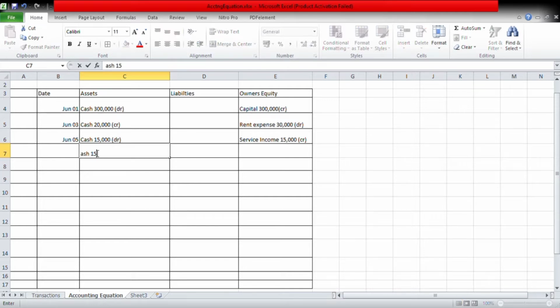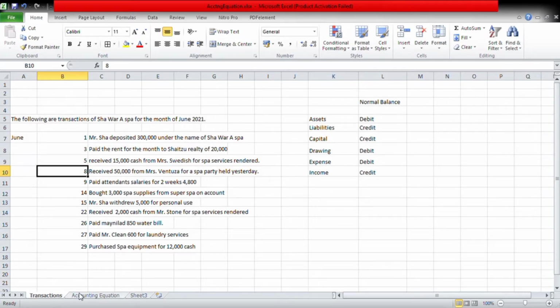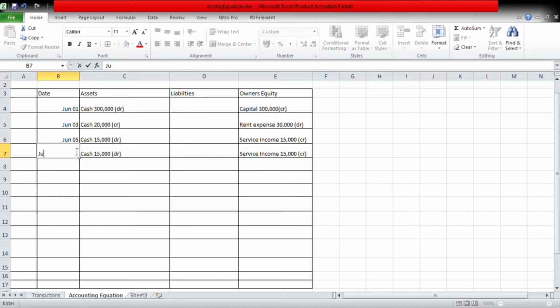Cash, 15,000 debit, and then another service income. Is it really 15,000? No, it's 50,000. So we'll correct it. It is very important for you to check the amount that you are writing. So here we will just correct it to 50,000.